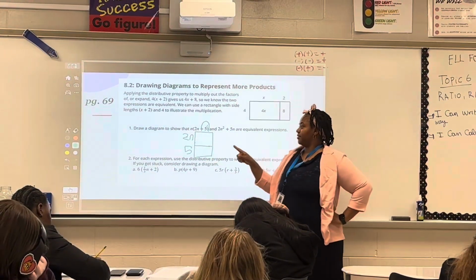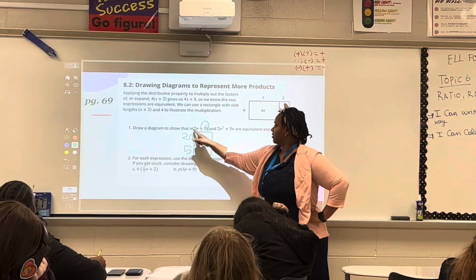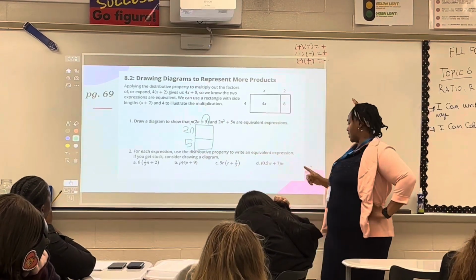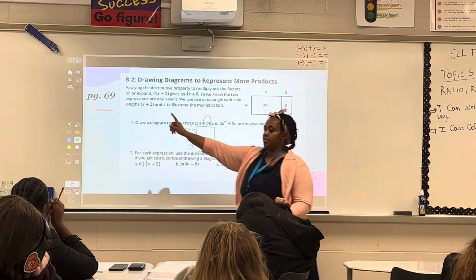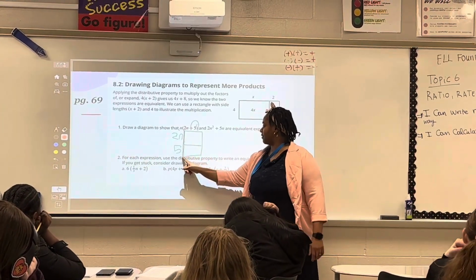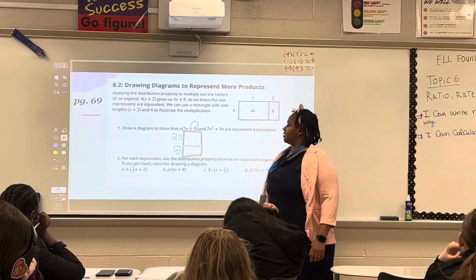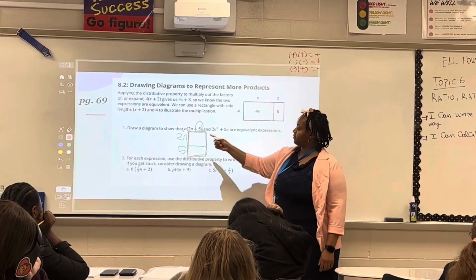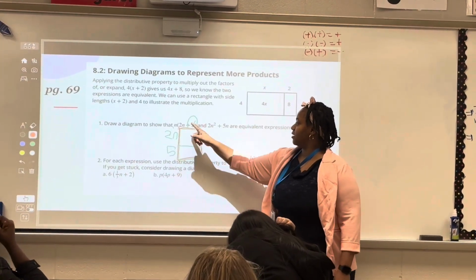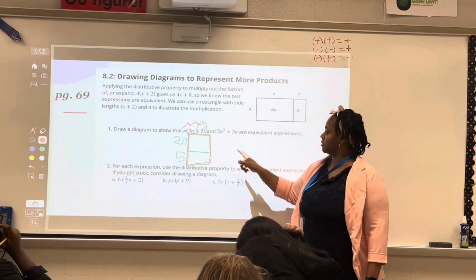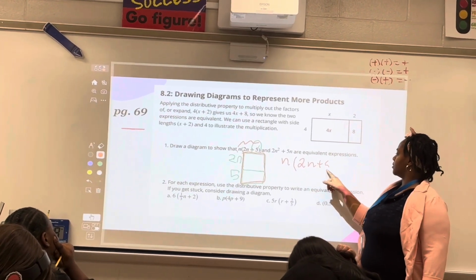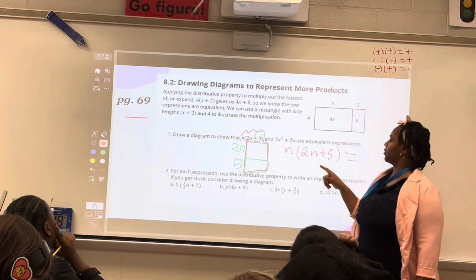So right here, the n times 2n plus 5, again, as in the warm-up, we have the big rectangle here. The area of that big rectangle is gonna be length times width, that will give us this expression. So n times 2n plus 5 will be equal to what?